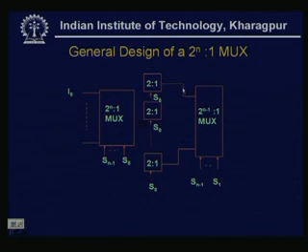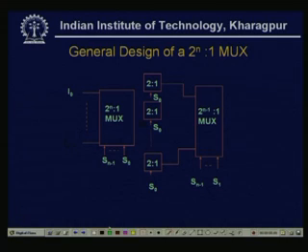So, here there will be 2 to the power n minus 1 multiplexers, and where it was 2 to the power n primary inputs, it will now be 2 to the power n minus 1 primary inputs. Now, this is a 2 to the power n minus 1 to 1 multiplexer. If I want another hierarchical level, then in that way, with 2 into 2 to the power n minus 2 or 2 into 2 to the power n minus 3, I can design that hierarchical tree, or the multiplexer tree.